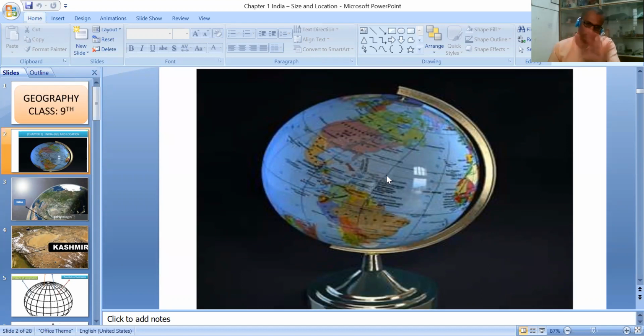You observe the model of the globe in front of you. There are many lines on it. And the globe is held by a stand, and its position is also a little bit slanted.